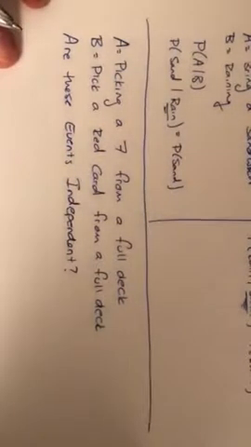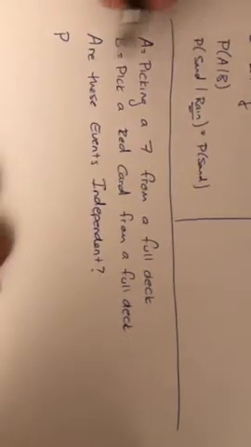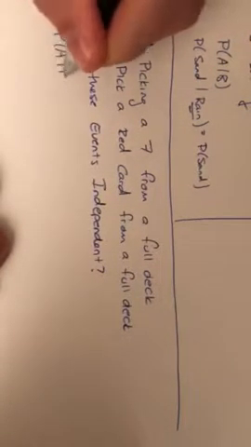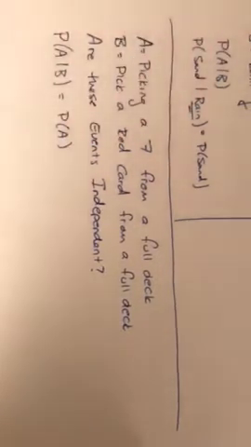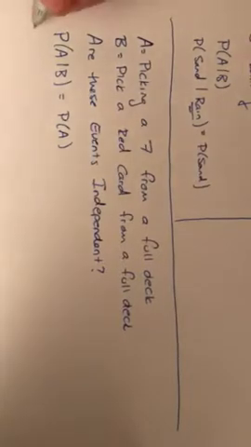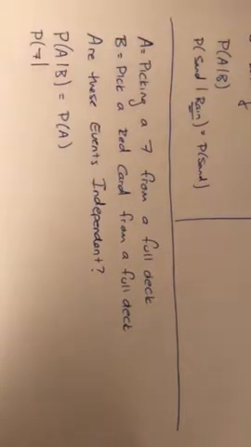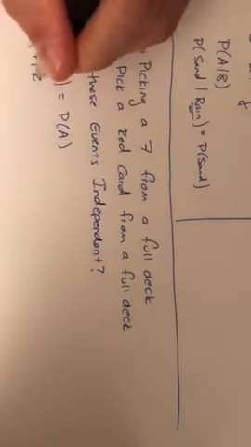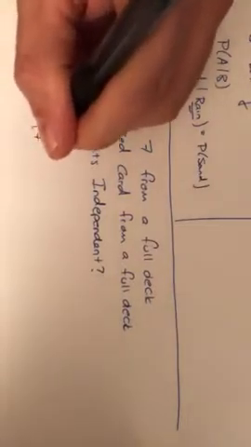Okay, so in order to do that, the first one I'm going to check, the probability of A given B should be the exact same as the probability of A. In our case, what that means is the probability of picking a 7, knowing that I'm picking a red card, should be the exact same probability as just picking a 7.